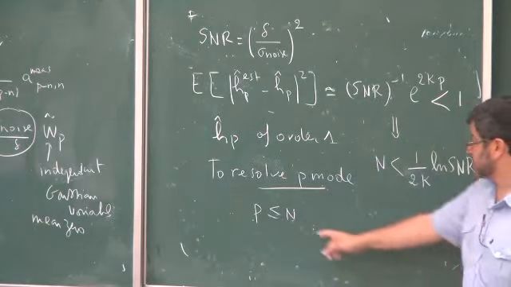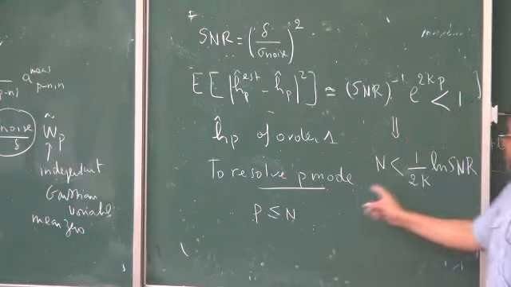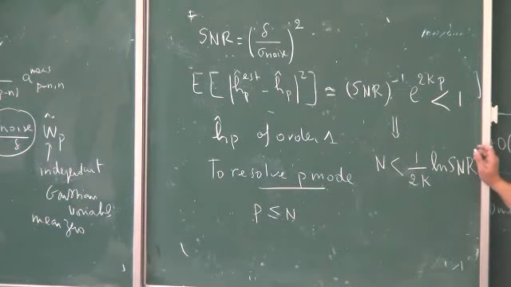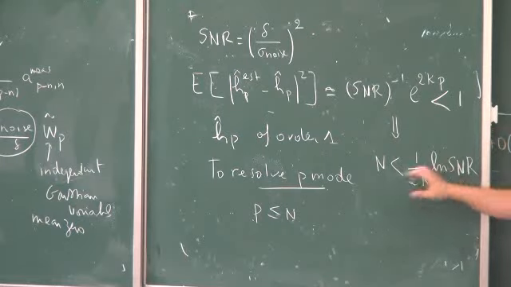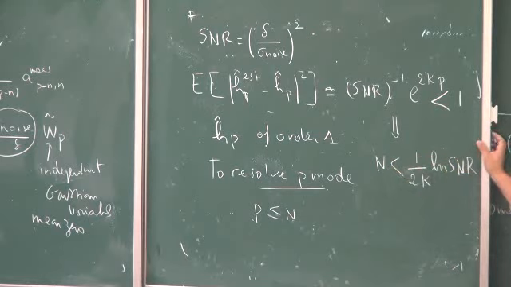So if you want to resolve mode 2, you need the log of the signal to noise ratio over kappa larger than 2. If you want to resolve mode 10, you need a very high signal to noise ratio. It's exponentially so.